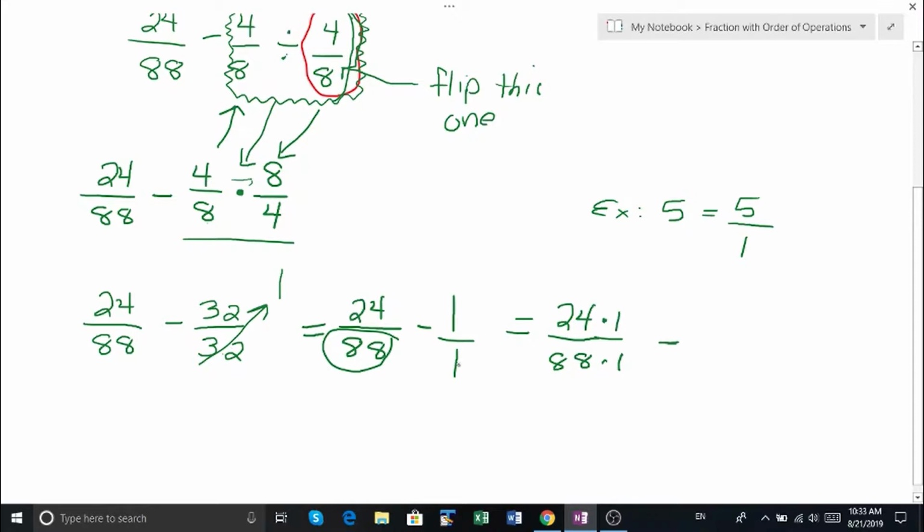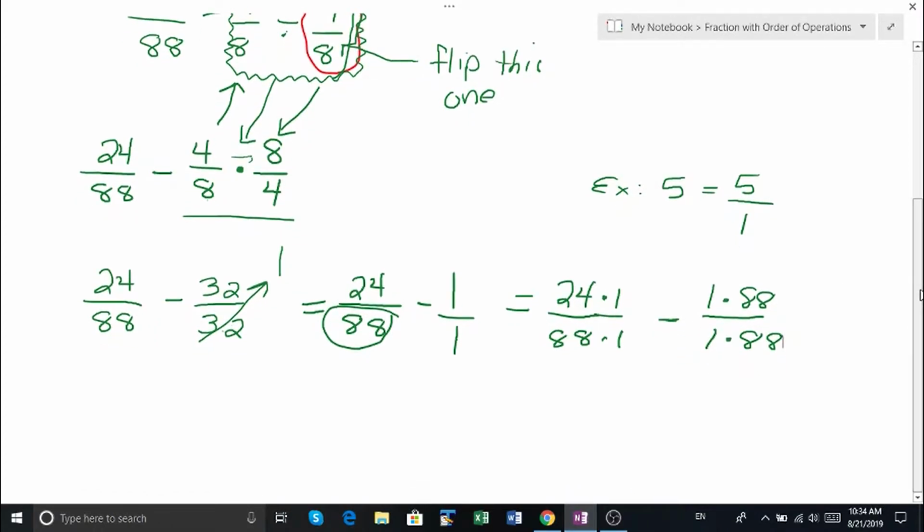What do we need to multiply 1 by to get 88? 88. So that means I'm going to take the numerator and multiply it by 88 and the denominator and multiply it by 88. All right. So once I do that multiplication, we have the following subtraction.